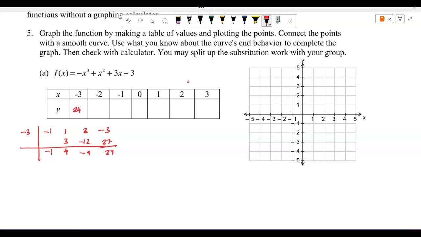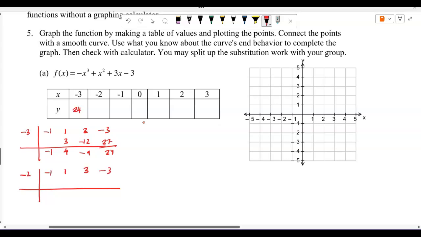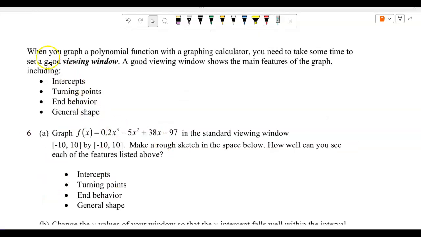So this would be 24, basically. So do minus 2 quickly. And so on. Just do it, skills.